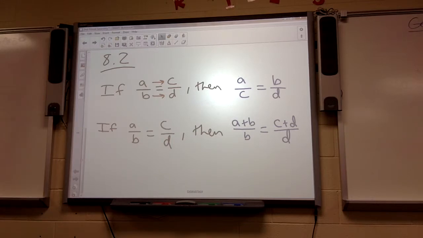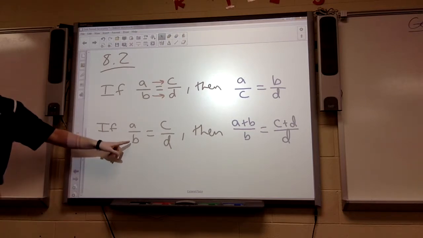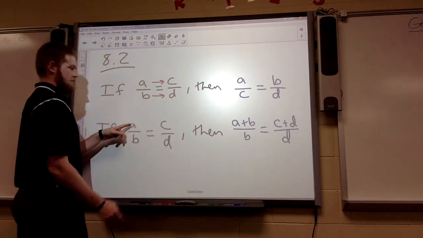So what are we doing here? What am I doing to get to those solutions? I'm adding the denominator to the top. Right, that's the only thing I'm changing, because B's still there, A's still there.